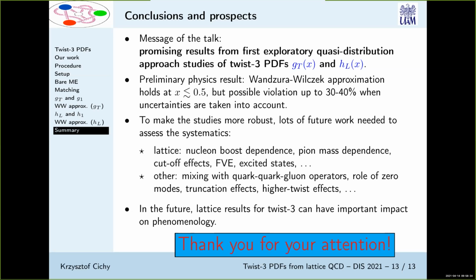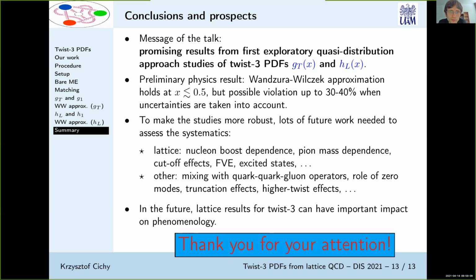So I know that you include target mass corrections in your analysis. So I was wondering, if you take the difference between the full GT minus the Wandzura-Wilczek part, how much of that difference comes from TMC effects? If you have that, or if you can do that, that would be very interesting, because it will give some insights of how we should proceed in phenomenology, because it's just basically too murky in practice.